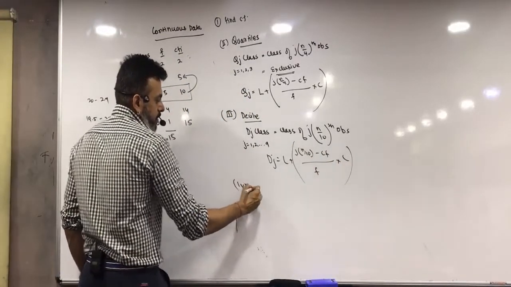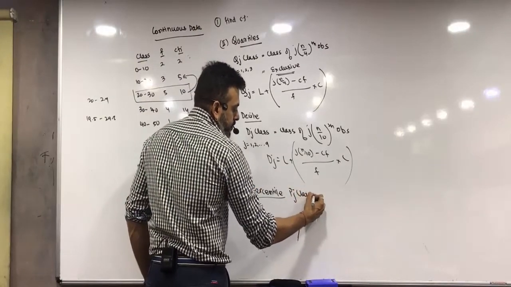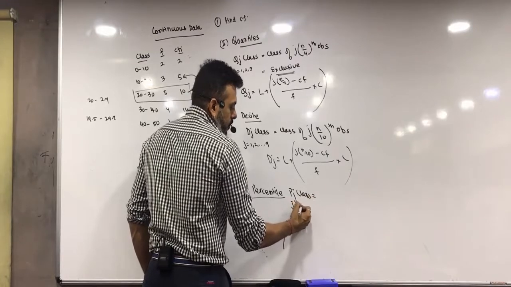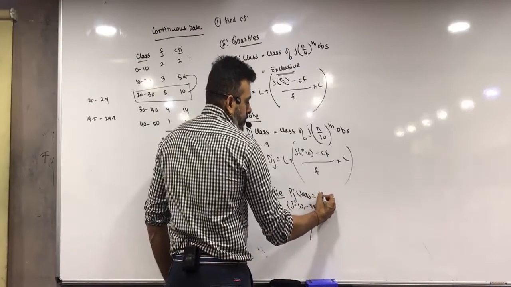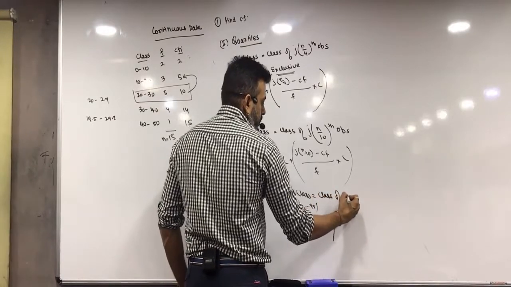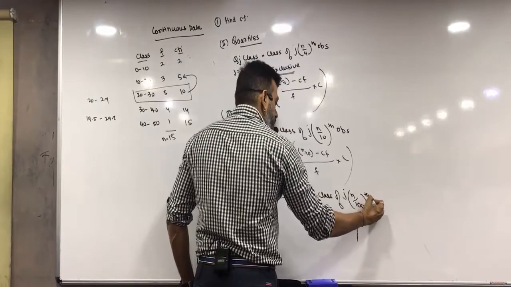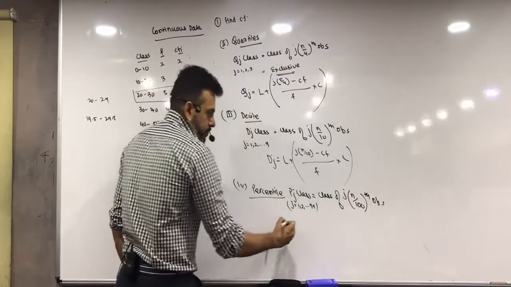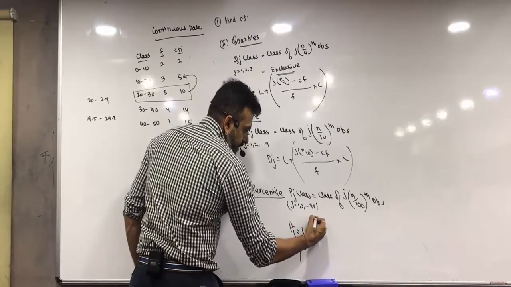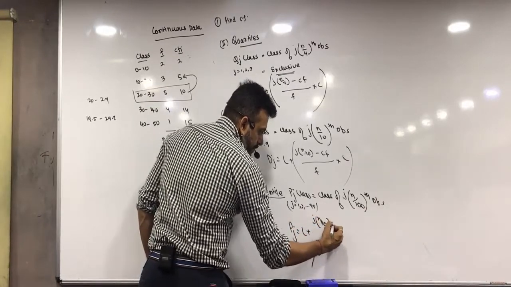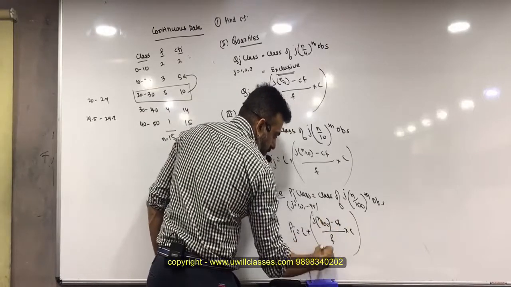And the fourth one, percentile. Pj class, where j is equal to 1, 2 up to 99, is the class of j n by 100th observation. Pj is equal to L plus (j n by 100 minus CF) upon f into c.